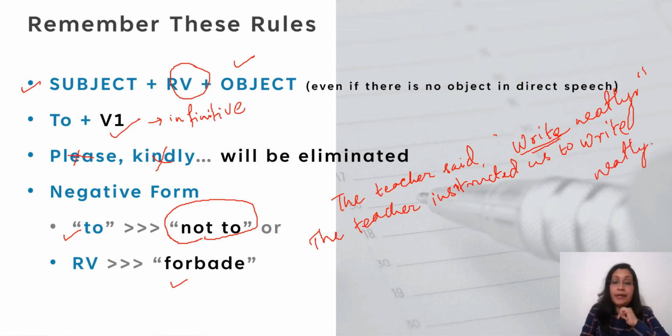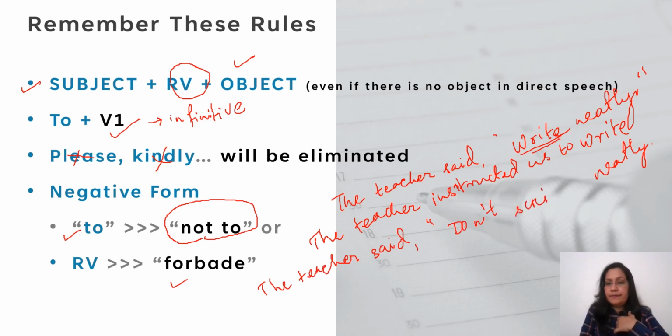If I'm going to make it into a forbidden sentence, like supposing I say, the teacher said, don't scribble. Now this is a forbidden sentence that the teacher is stopping you from doing something. So in those cases, you will change don't word into not to.